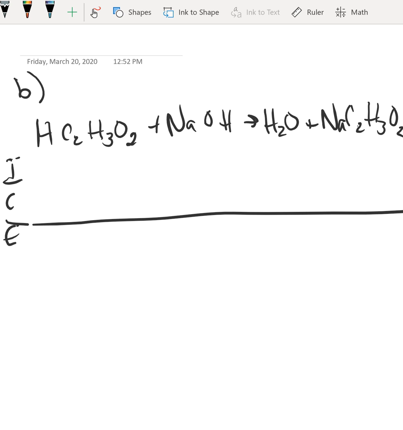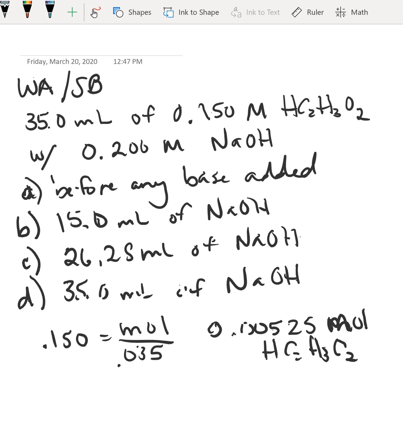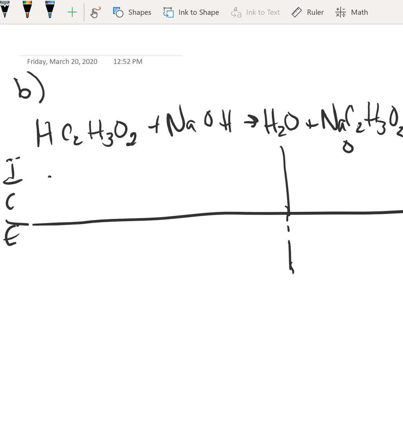Okay, and in my ice chart, I'm going to need to put my moles, and I already found the moles of the acid, 0.00525. And now I need to do it for the NaOH.